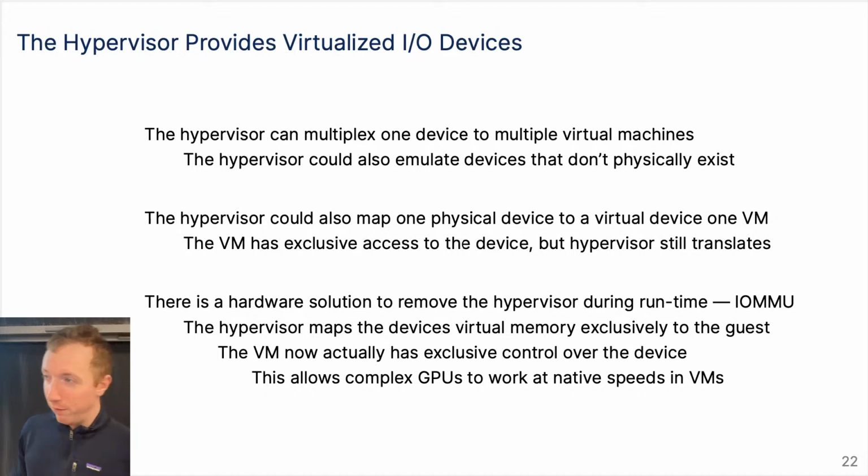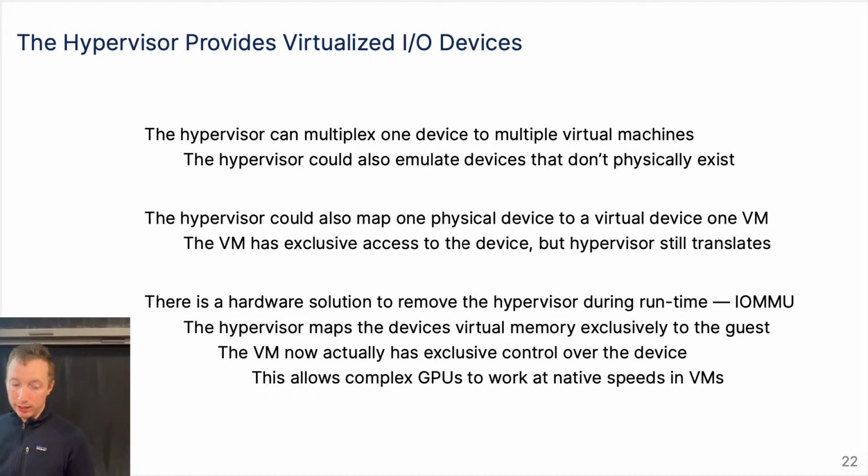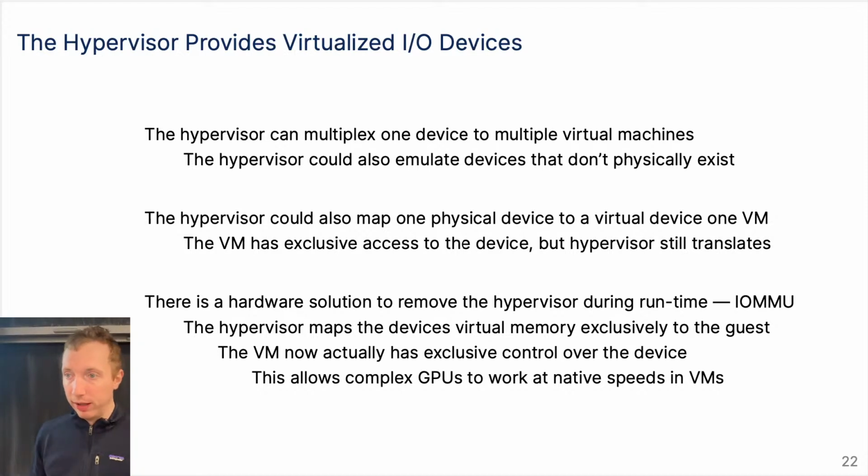But for some applications, like anything GPU sensitive, the hypervisor could do something else and actually map the physical device to exactly one virtual machine so that that virtual machine actually has exclusive access to the device, but the hypervisor still manages it and makes sure that nothing goes bad.